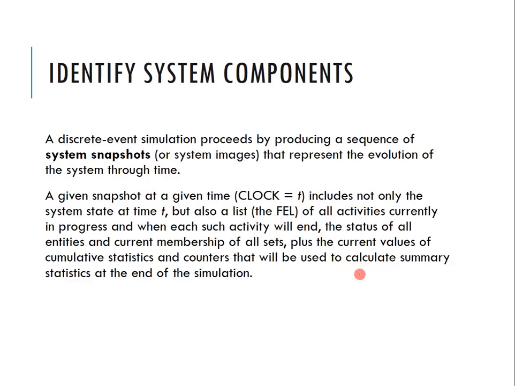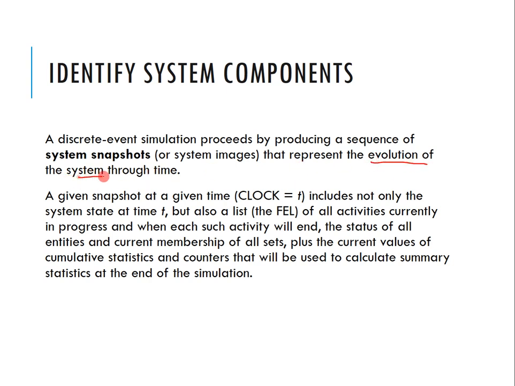So basically, in discrete event simulation, the simulation will proceed by producing a sequence of system snapshots, or system images, that represent the evolution of the system through time.